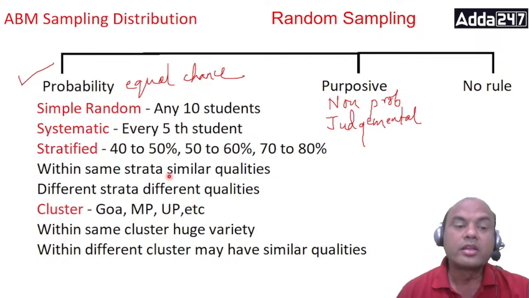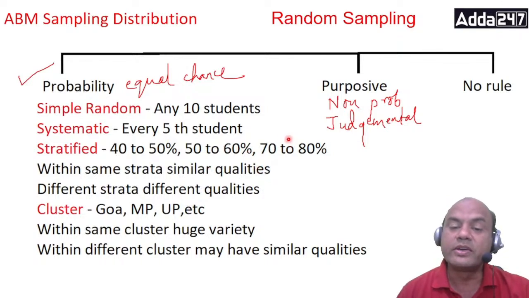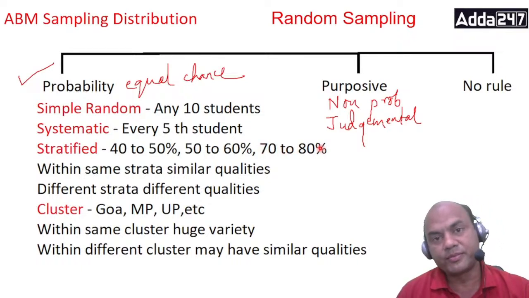Now one important point I'll give you over here, stratified and cluster. Within the same strata, they have similar qualities. Means what? The students who have 70 to 80% will think similarly. They'll think similar to each other.